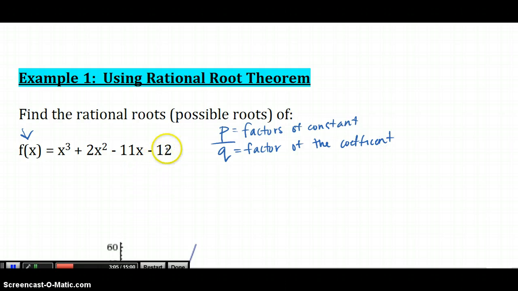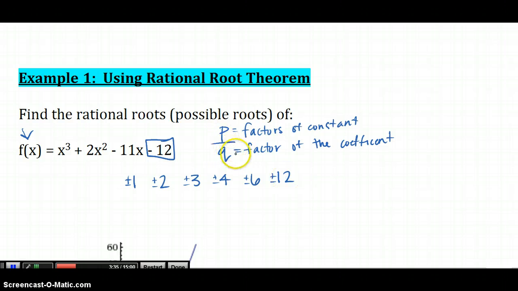Listing the factors of the constant, our constant is 12. So the factors of 12 are 1, 2, 3, 4, 6, and 12. But also we have the negatives too. So these are all plus or minus, because it could be positive or negative.